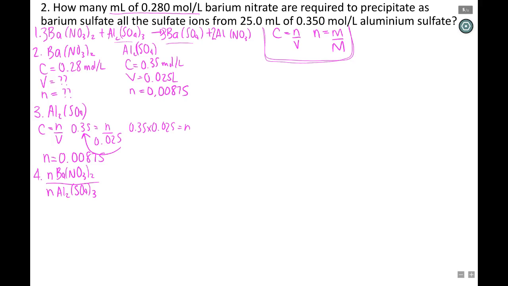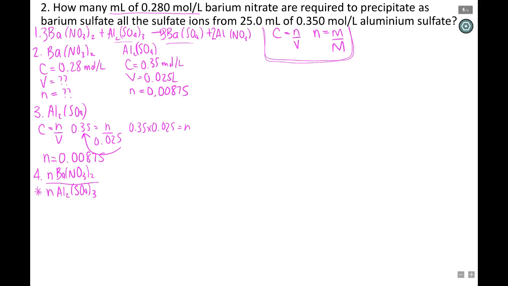So if we can work out how much aluminium sulfate is required to form barium sulfate, we already know how many moles of aluminium sulfate we have because we just worked that out.